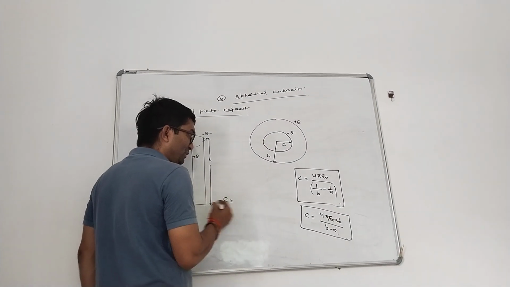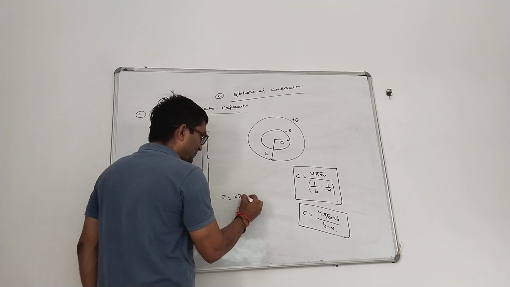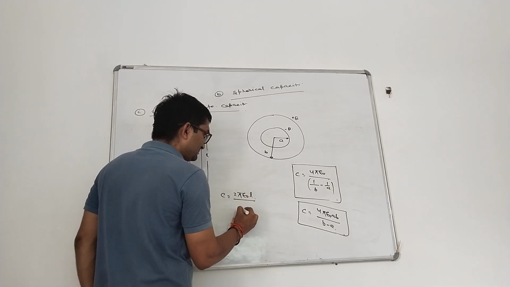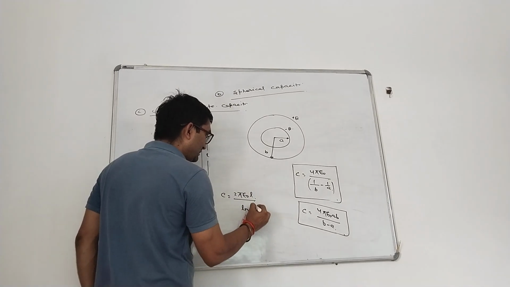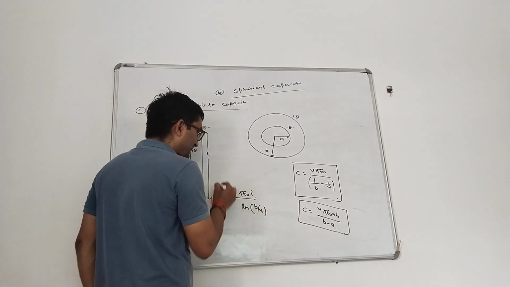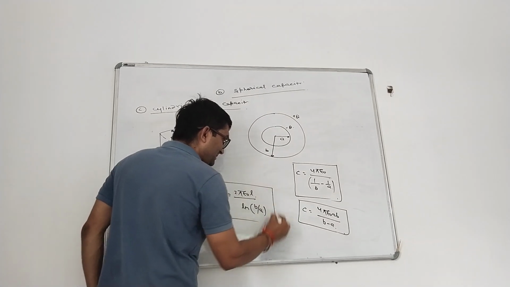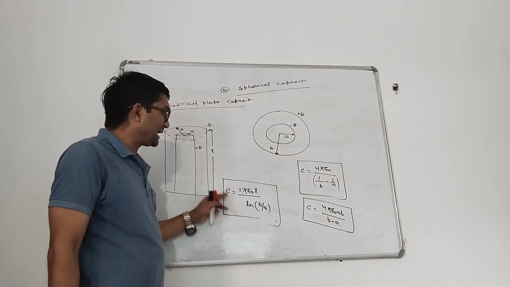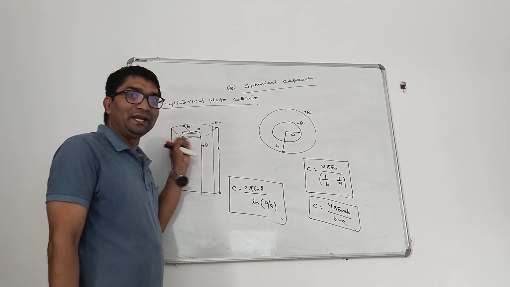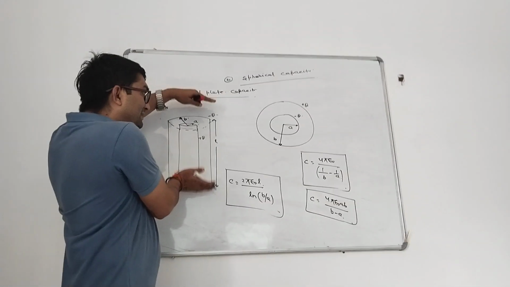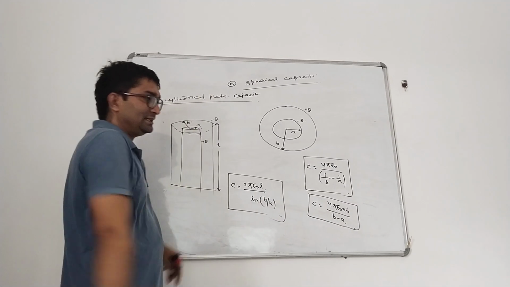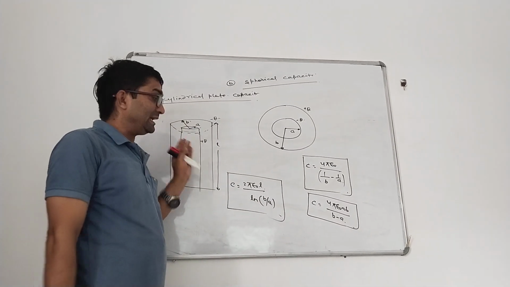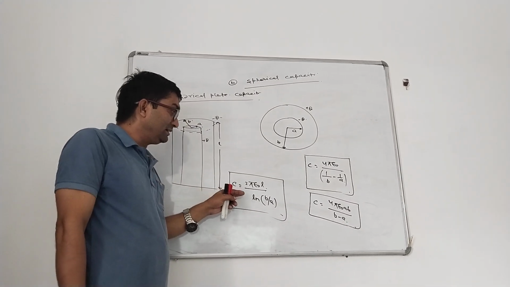C is equal to 2 pi epsilon naught L upon ln B upon A. Basically, this is the capacity of the cylindrical plate capacitor. L is the length of the cylinder, A and B are their radii. Ln means Neperian logarithm.